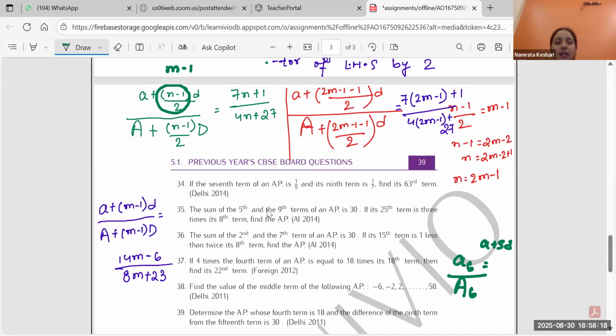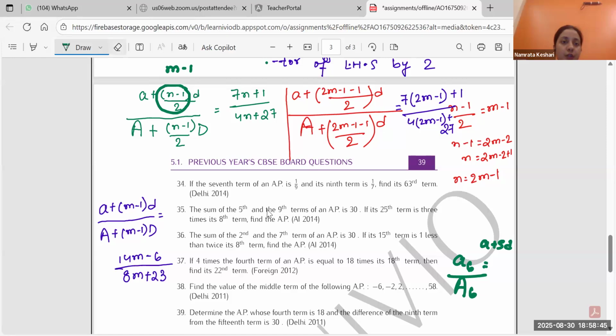If you maintain the structure of the formula on the left hand side, automatically your right hand side with that particular n value will get customized, and you will be able to get the ratio of the sixth term of the first AP over the sixth term of the second AP. Making sense?